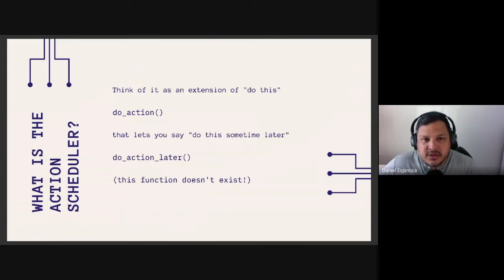What the action scheduler lets you do is say, do that action, but do it later, sometime in the future. Note that the do_action_later function doesn't actually exist, but it's a good way to wrap your brain around how the action scheduler is working. So you want to do this action with this set of arguments at some time in the future.